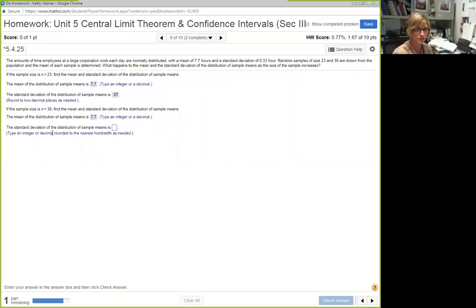So in this case, we'll take 0.33 and divide it by the square root of 38. I really want you to spend a good chunk of your time practicing that idea. If I just have one item compared to 30 items or 12 items, the number that's going to be affected by that central limit theorem is going to be the standard deviation.